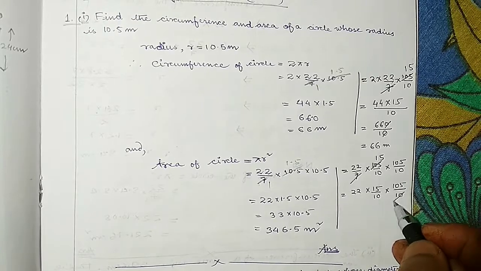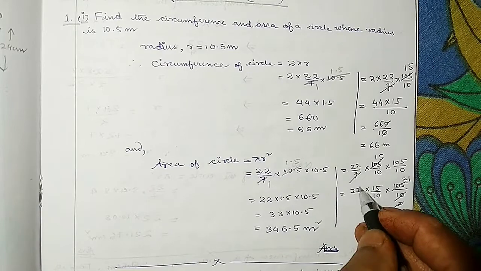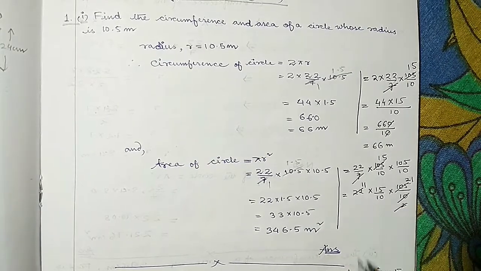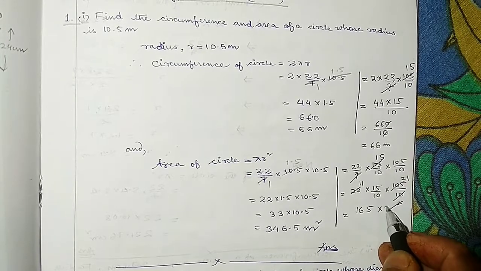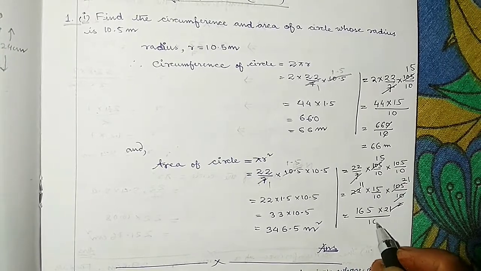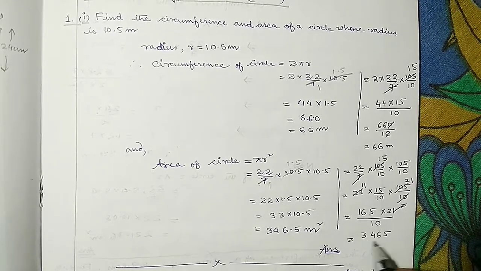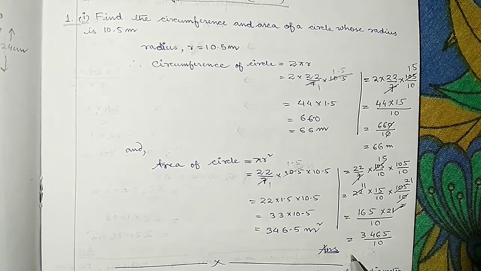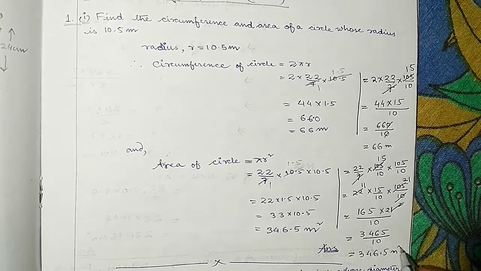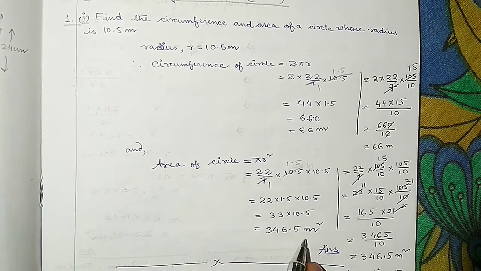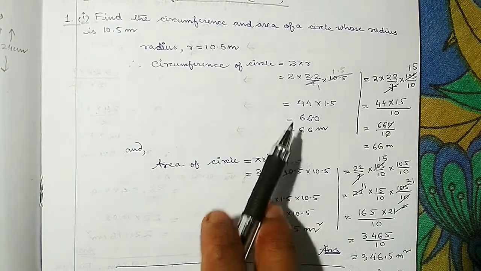Now you cancel with 5. 5 2 ja 5, 21 ja 2, 11. Now 11 into 15, it will give you 165 into 21/10. If I multiply, I am going to get 3465/10. That will give you 346.5 meter square. Just because it is area, so unit will be meter square, and in case of circumference, it will be meter. I hope sum is clear.